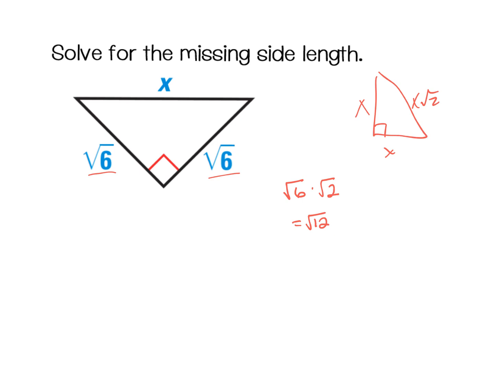Now, we have to be careful here too, because radical 12 really isn't the answer. It needs to be simplified further. So we've got to think about those perfect squares. This would be equivalent to radical 4 times radical 3, right? And the square root of 4 is 2. So we get 2 radical 3 is our hypotenuse.